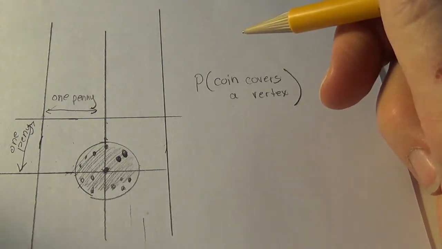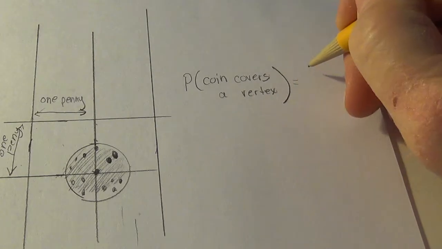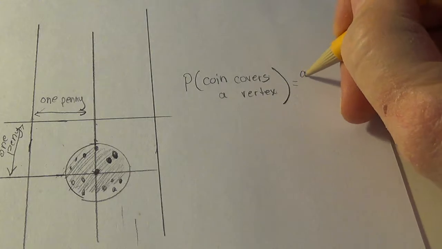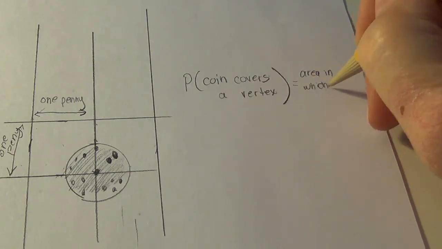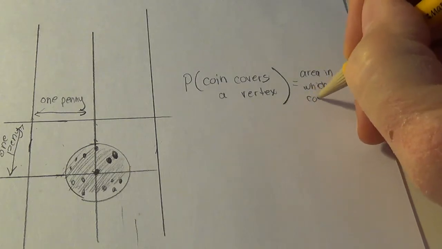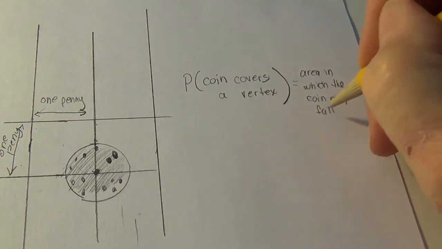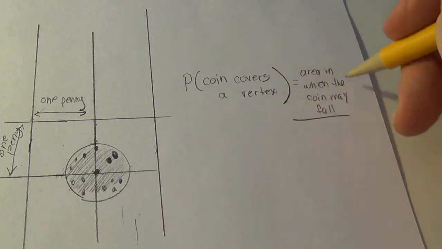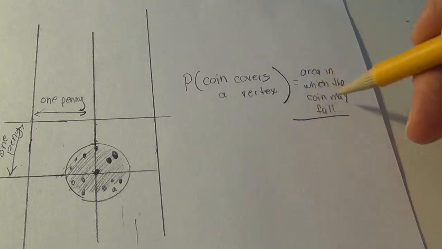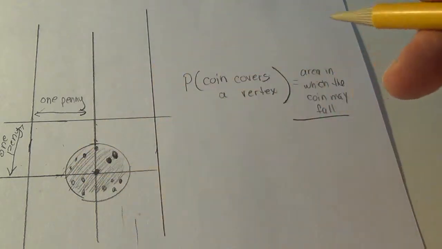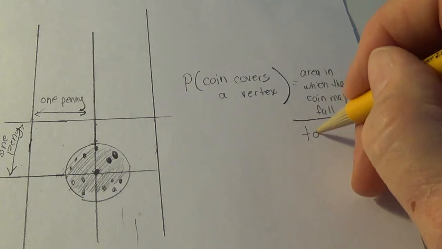I want to show that the area in which the coin may fall is the area when it covers a vertex. I'm going to look at all that area where the coin may fall, the darkened area, divided by the total area.